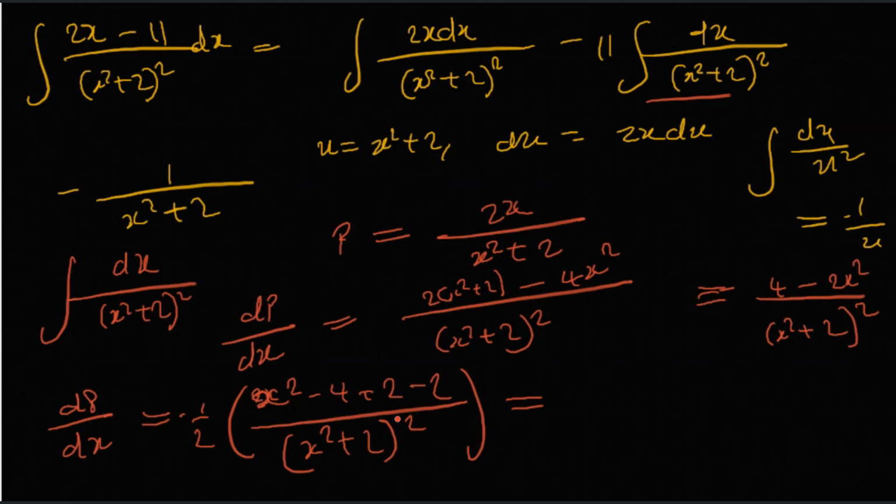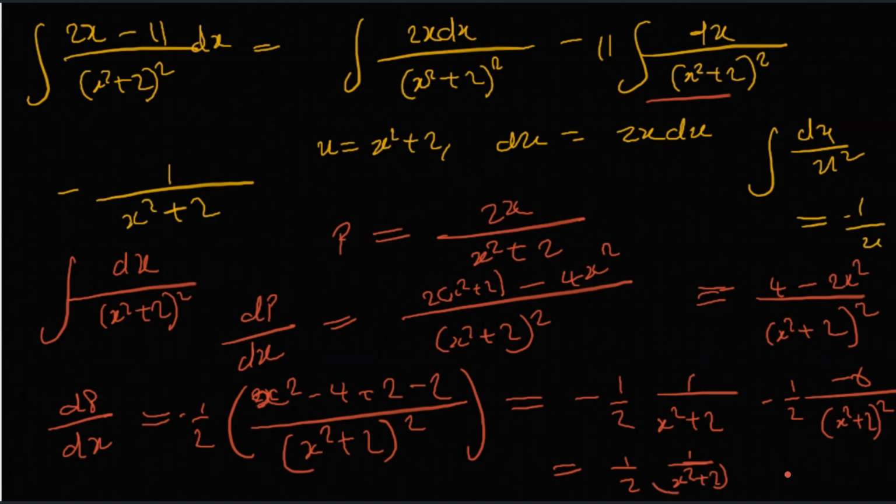So this will be equal to negative 1 over 2 times 1 over x squared plus 2, then minus 1 over 2 times negative 6 over x squared plus 2 all squared. So that will be 1 over 2, 1 over x squared plus 2, plus 3 over x squared plus 2 all squared. So let me go to the next board.